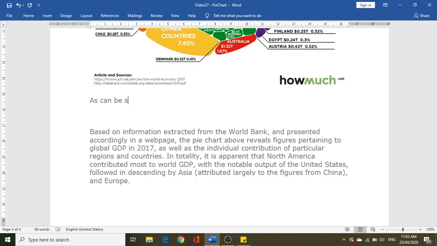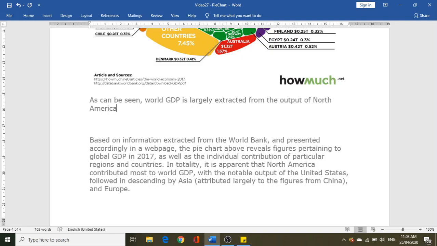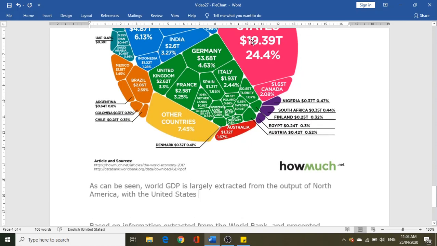As can be seen, world GDP is largely extracted from the outputs of North America. There, with the United States, over there, we'll highlight the 19.39 trillion.